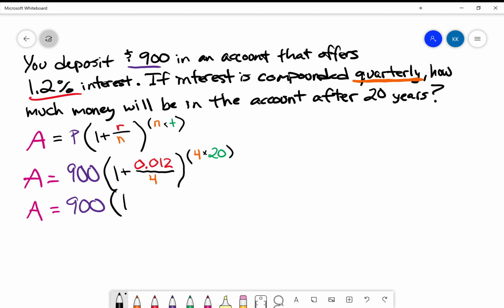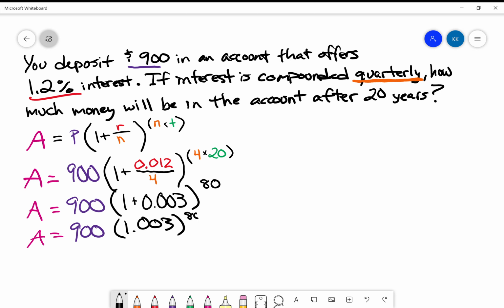So the first thing I'm going to do is 0.012 divided by 4, which is equal to 0.003, to the power of 4 times 20, which is 80. The total amount is equal to 900 times 1.003 to the power of 80.